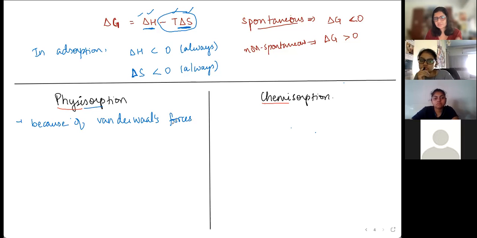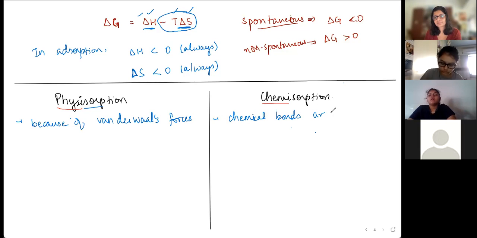Why are we stressing on van der Waals forces alone? Because in the case of chemisorption, there are chemical bonds involved. So in the case of chemisorption, if I have a substance here, surface molecules, another molecule comes, diffuses here, there's literally a chemical bond formed between the surface molecule and the gas molecule or liquid molecule, whatever, the adsorbate molecule.